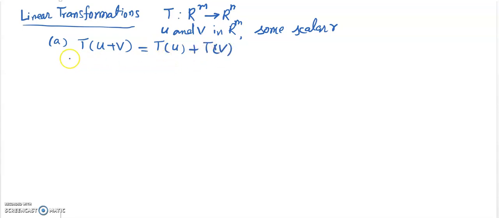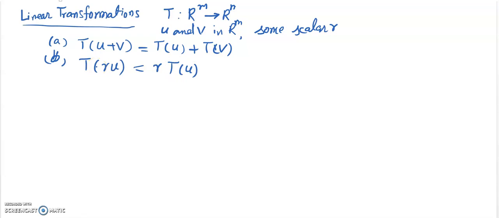This is one rule for linear transformation, and the other rule is that the transformation of a scalar times some vector will be equal to that scalar times the transformation of that vector.